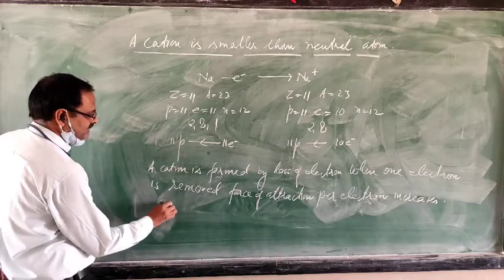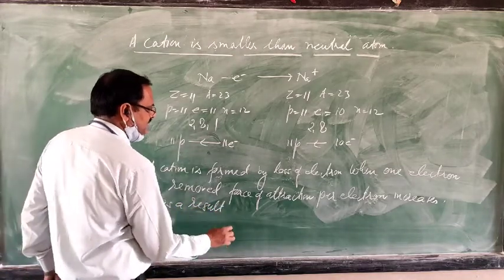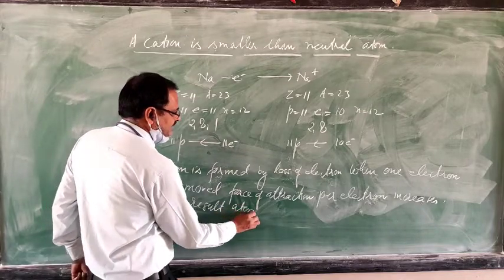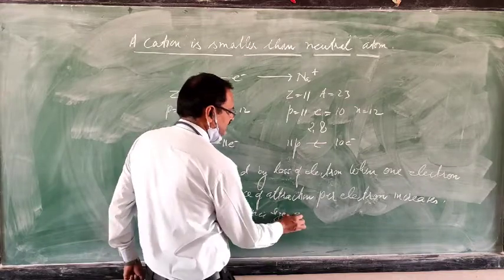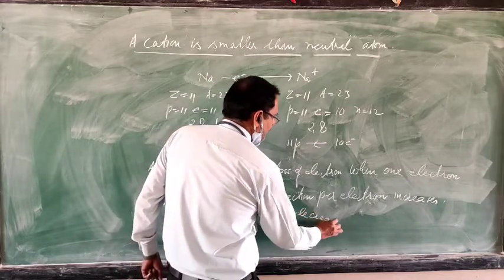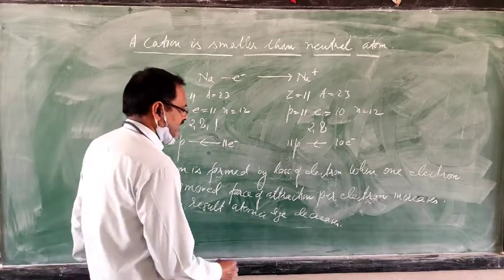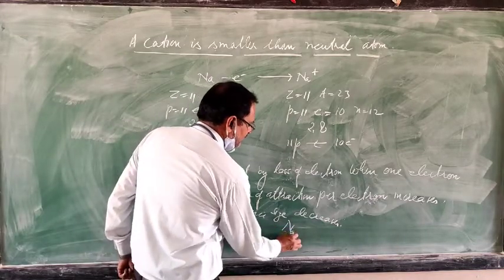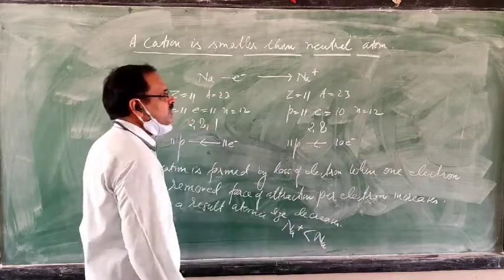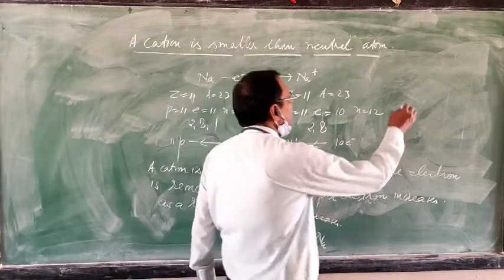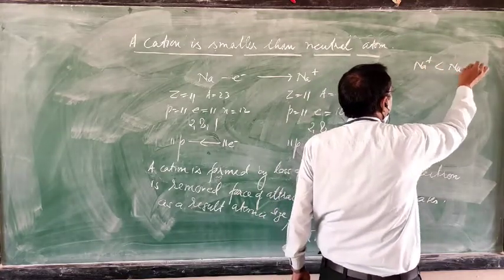As a result, atomic size decreases. It means that Na+ will be smaller than Na. So just you see, this Na+ will be smaller than Na.